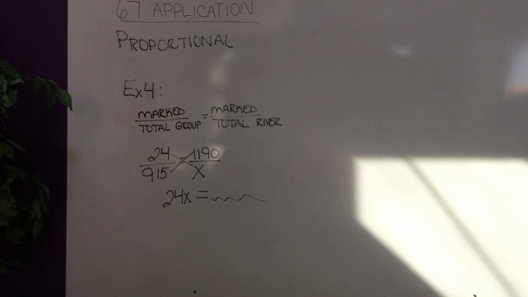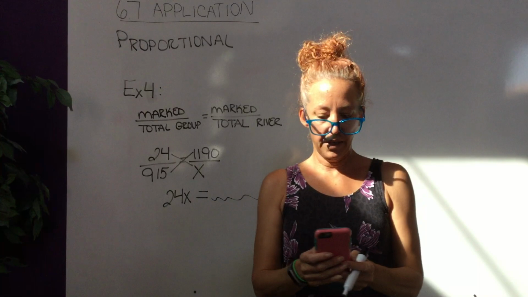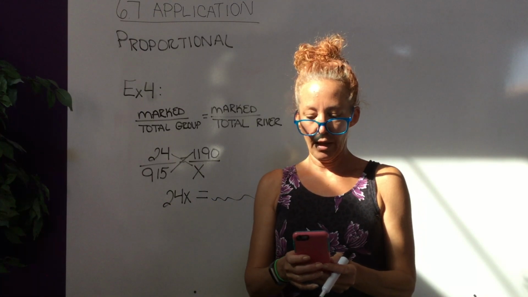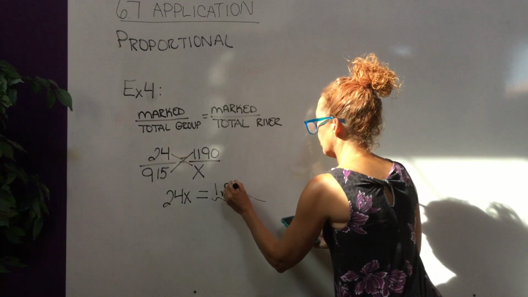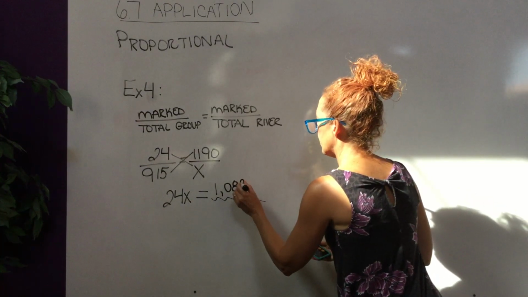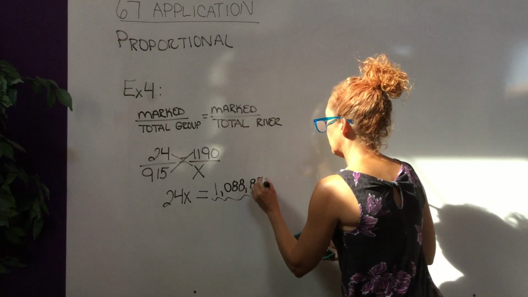And I walked away with it when I noticed that my video stopped recording. So 915 times 1190 is 1,088,850. Don't really worry about how big this number is initially, because we're going to divide it in our next step.